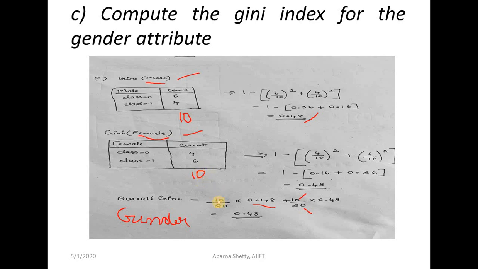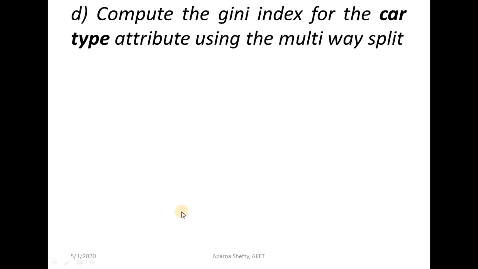So the Gini for the gender attribute is 0.48.